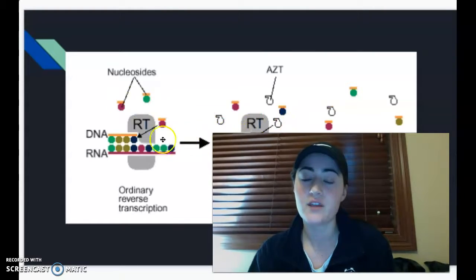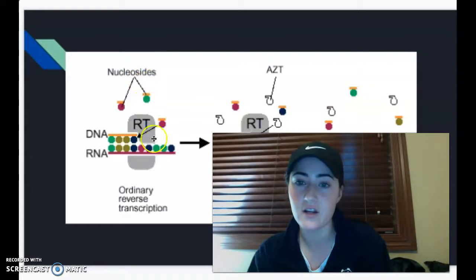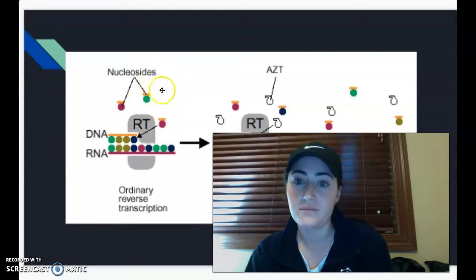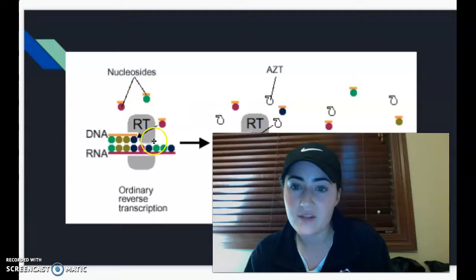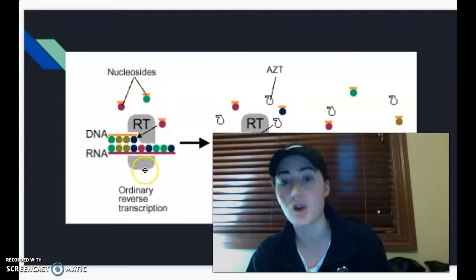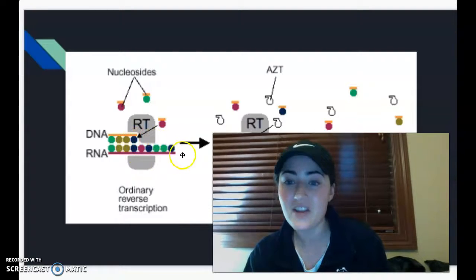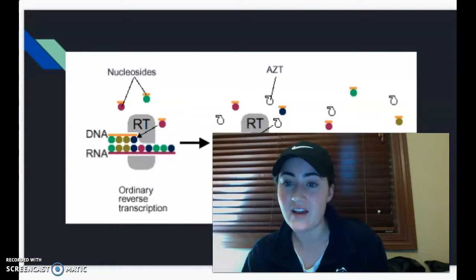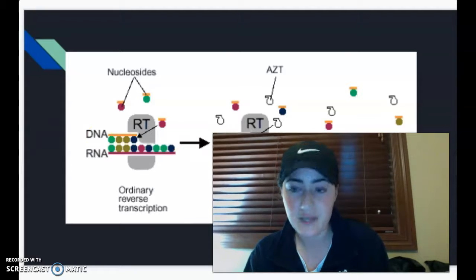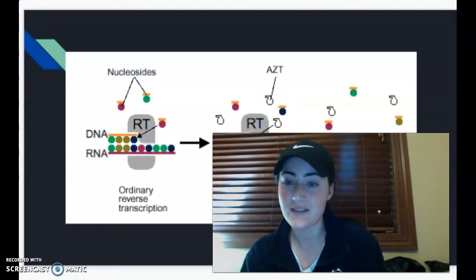Normally, as you can see in this picture, you'll have the nucleosides that are added to the growing DNA strand by reverse transcriptase, because again, you're going from RNA to DNA. And then AZTTP is going to be incorporated, and again, it's going to stop the synthesis of that growing strand. So that's how it works.